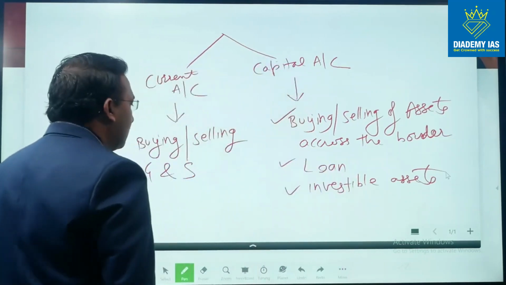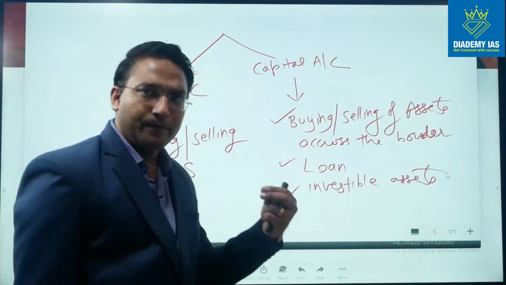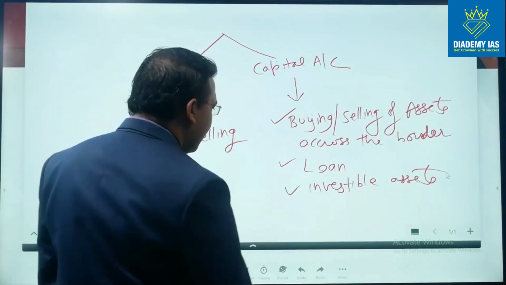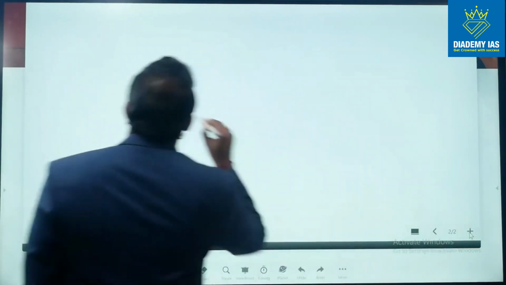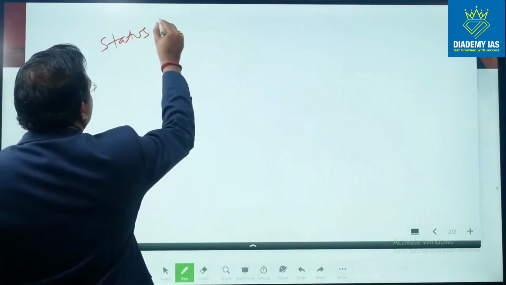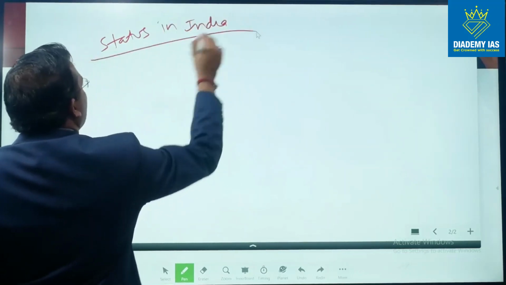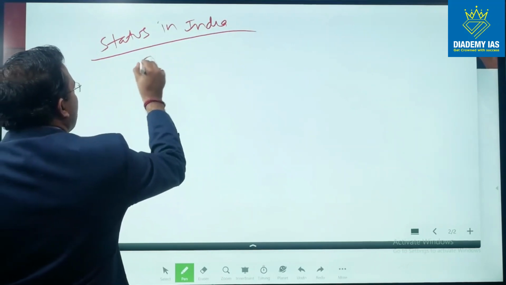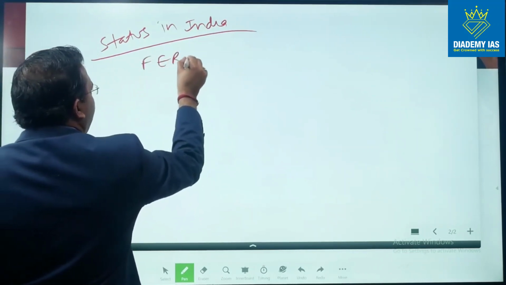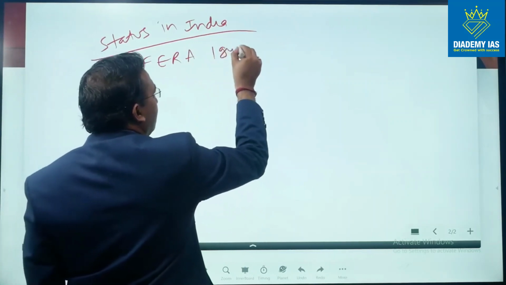So now you will ask, sir, what is the status in India? So if we talk about status in India, first of all, we came up with the Foreign Exchange Regulation Act 1947.